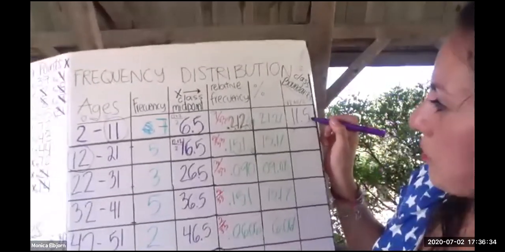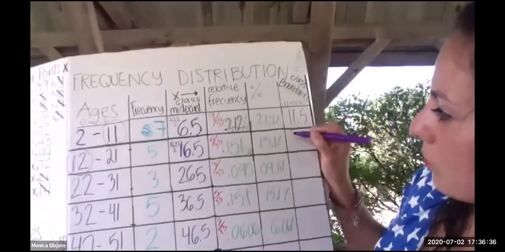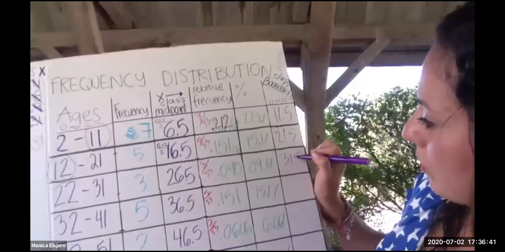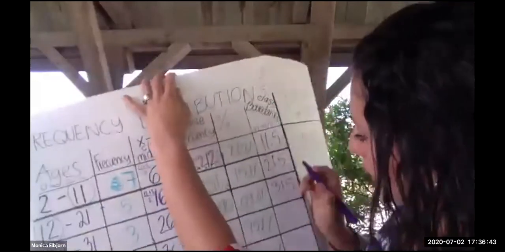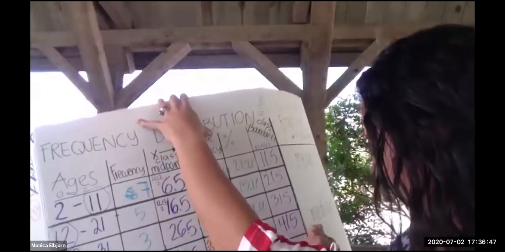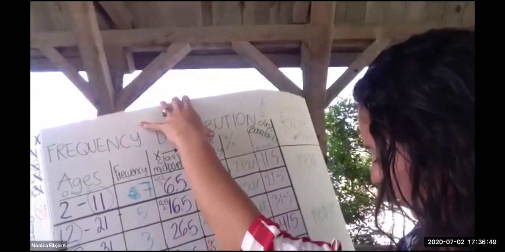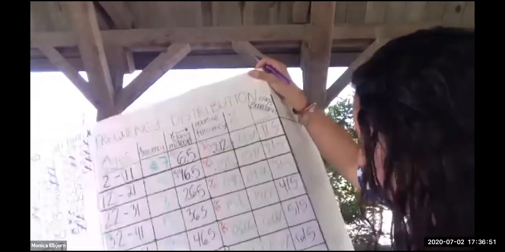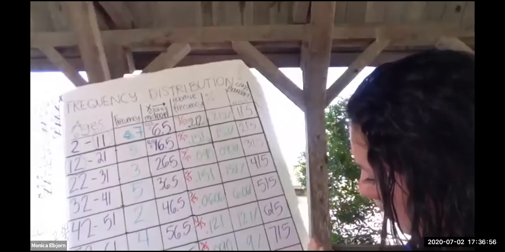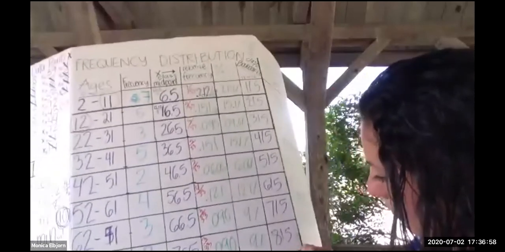So remember, very quick, easy, add the width, which is 10, 21.5, 31.5, 41.5, 51.5, 61.5, 71.5, 81.5, and 91.5.